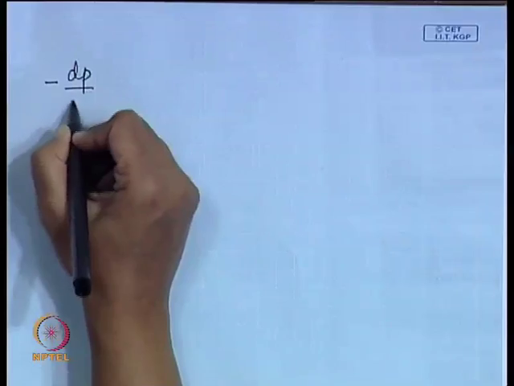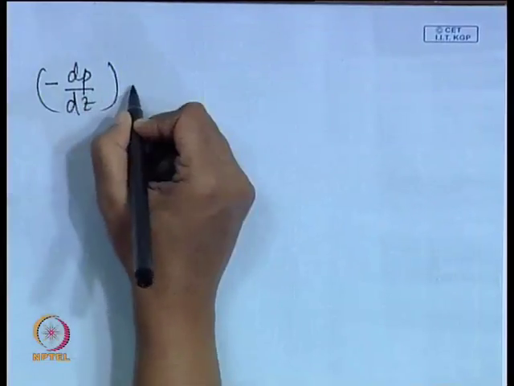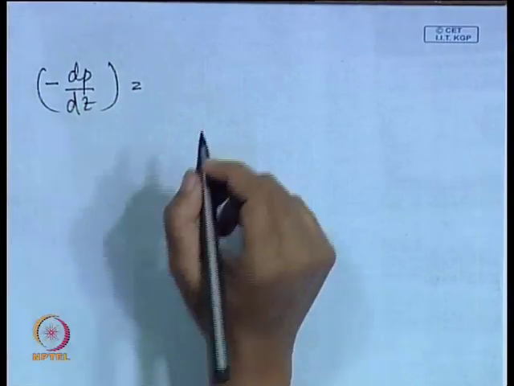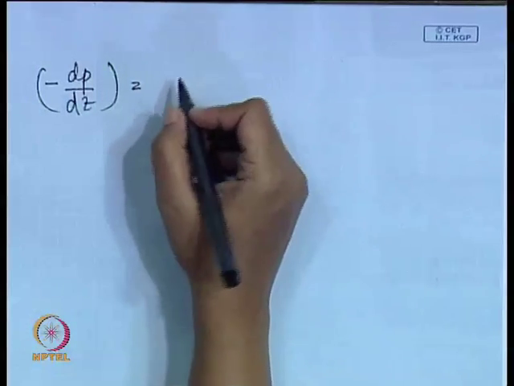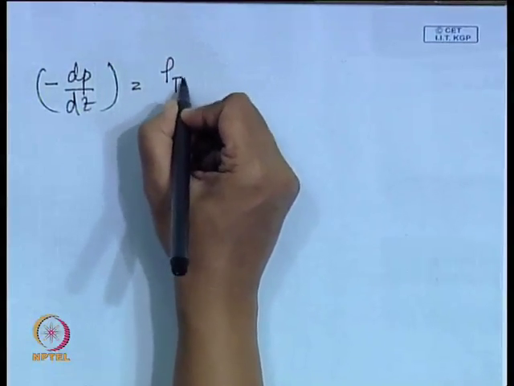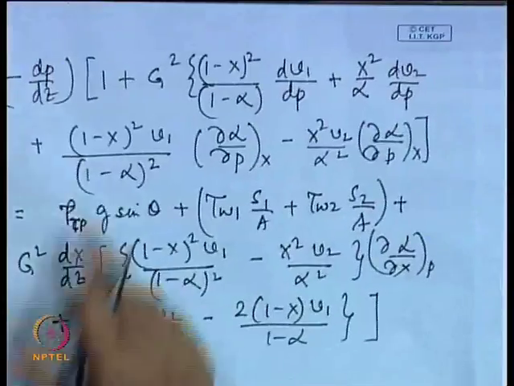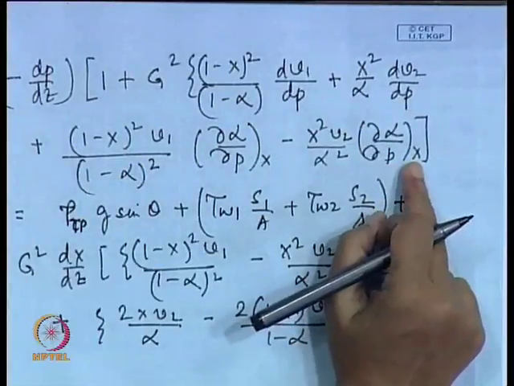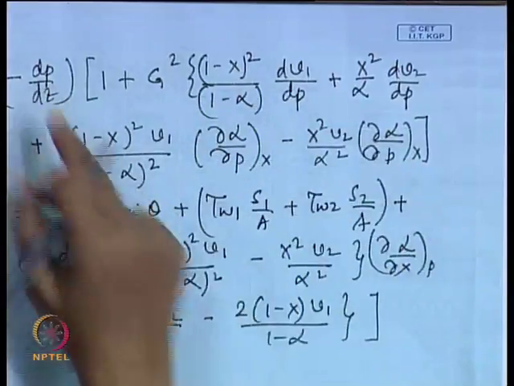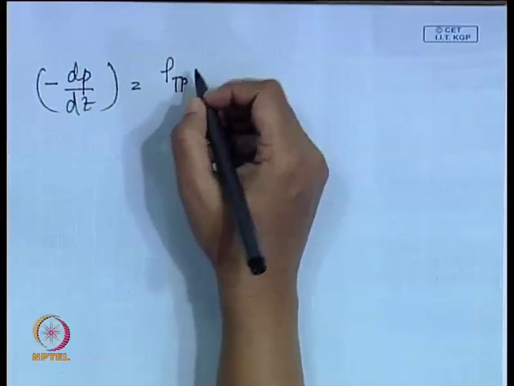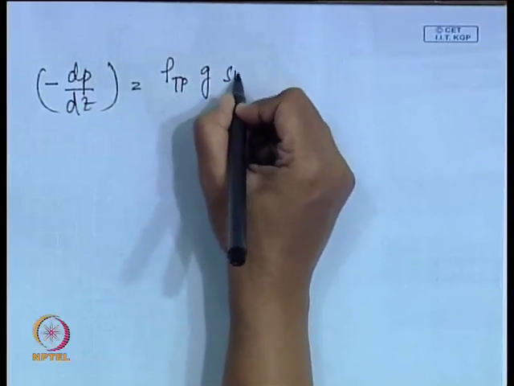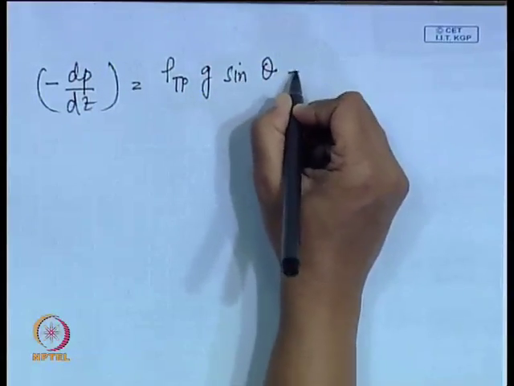From here we get the final expression of minus dp dz in terms of known measurable parameters. I just bring the multiplying factor of minus dp dz to the right hand side, nothing else. So, this is going to be rho T p g sin theta.